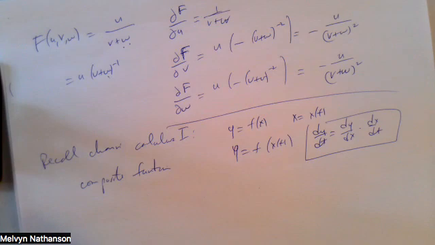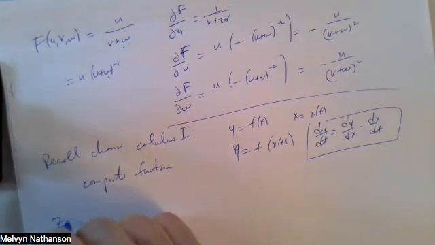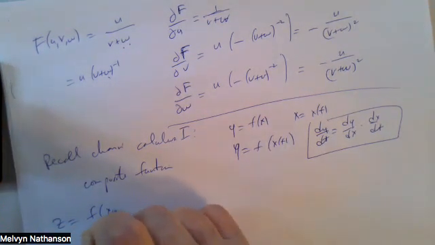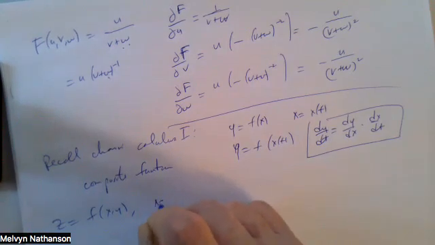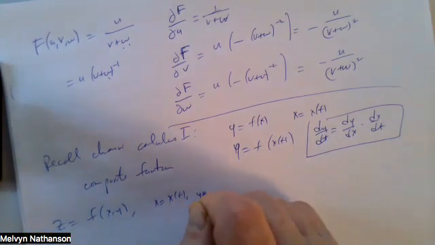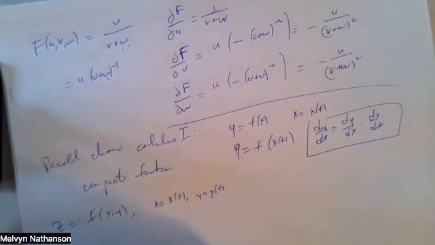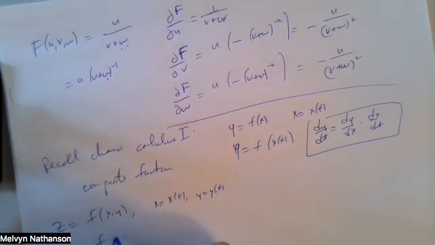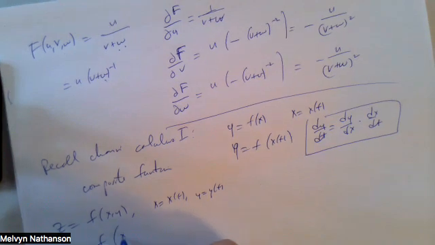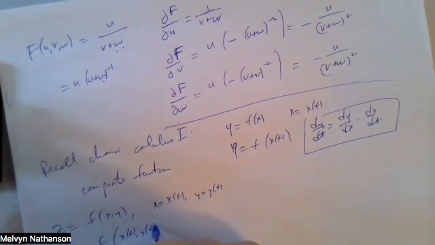And in Calc 3, or vector calculus, we have also a chain rule. So suppose, let's say that z is a function of x and y, and x is a function of t, and y is a function of t. So z becomes a function of t. This is z equals f of x of t, y of t.